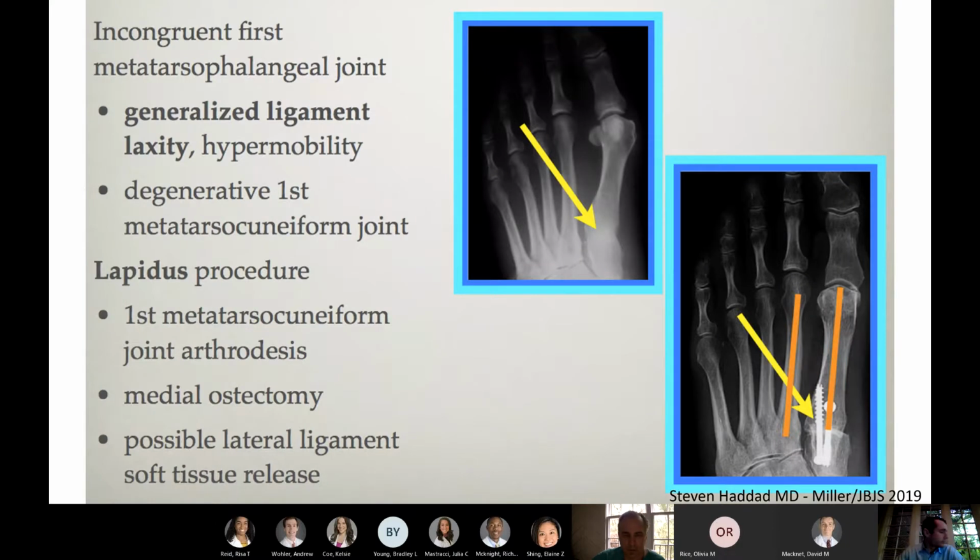So what was the question last year, Dave, that was on rotation? I honestly don't remember the exact question. Does anybody else recall that? I haven't looked at last year's questions. Was it looking at rotation of the first ray, or the subluxation of the structures around the first metatarsal head?